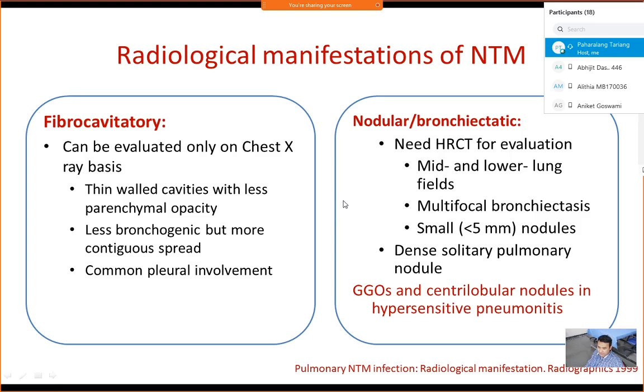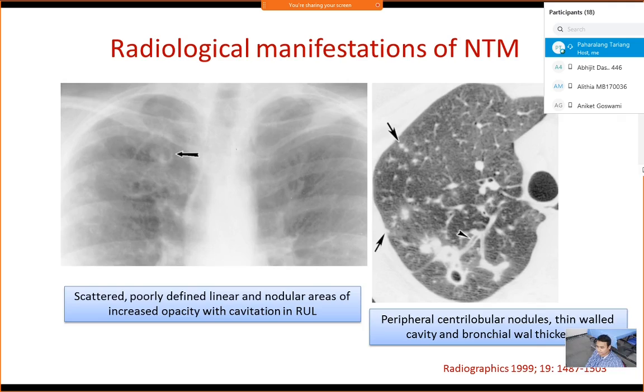So the radiological manifestations, again, depend on the type of NTM infection, whether it's fibrocavitary, bronchiectatic, nodular, or hypersensitivity; the radiological manifestations will differ. If you look here, this chest X-ray shows a small thin-walled cavity in the right upper zone.